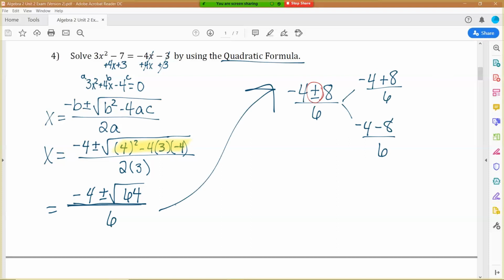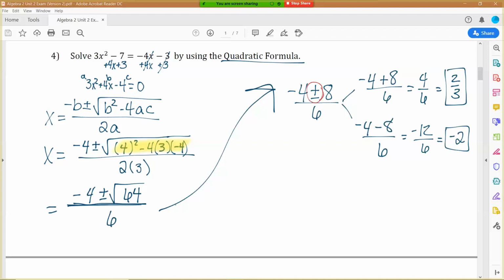So -4 plus 8 is 4 divided by 6, which reduces to 2/3. There's one answer. If I take -4 minus 8, I get -12 divided by 6, just gives you -2. So my two answers, 2/3 and -2.